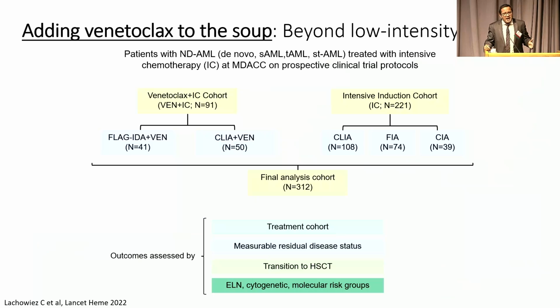Now, the VIALE-A and the VIALE-C trials led to the approval of venetoclax with low-intensity therapy, with a hypomethylating agent or low-dose cytarabine. It has stood the test of time over the last 5 years, but at MD Anderson, we went ahead and are running some clinical trials. Also, several other groups are doing that to see the impact of venetoclax with intensive therapy in acute myeloid leukemia.